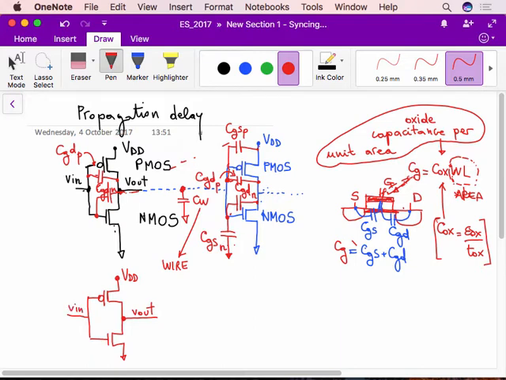So we have here one single capacitance, which is called C tot, and is the equivalent capacitance at the output.